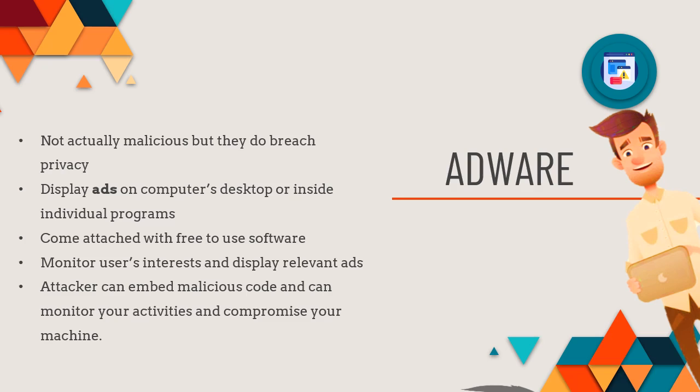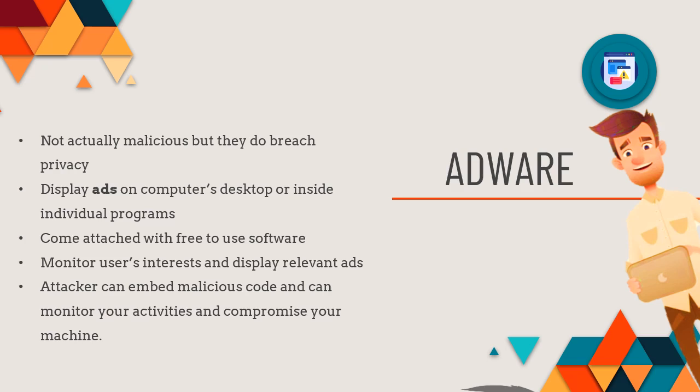For example, an attacker can create a free software. There is a lot of free software in the network. If we want a particular software for any action, for example video editing or anything, there are multiple free softwares. We don't know actually which is the bad one or which has malicious intent.